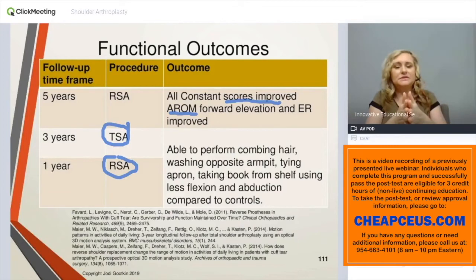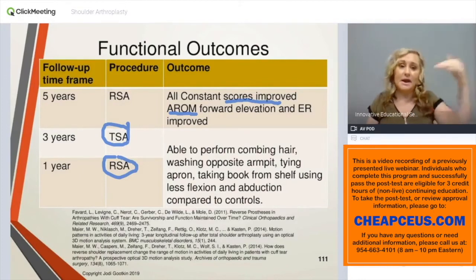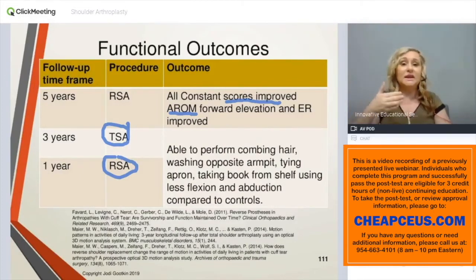But when they compared those individuals to controls, they were able to perform the activities, but again, they didn't use as much abduction and flexion. They were still using more compensations from the scapula. So I think that's important for us to look at and kind of head off earlier on in rehab, because we know that that can lead to pathology in other areas because they're compensations.